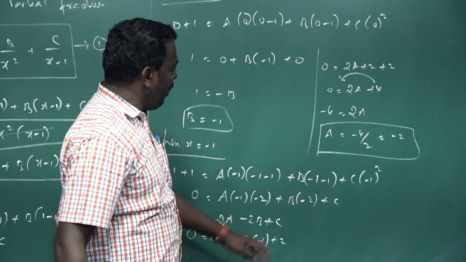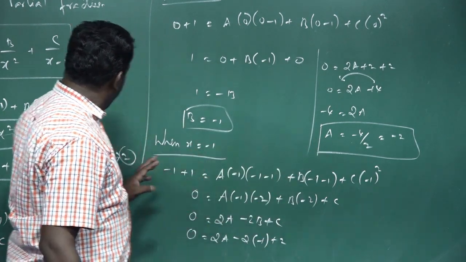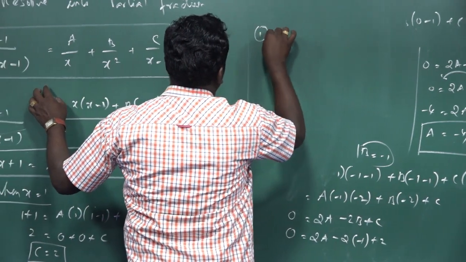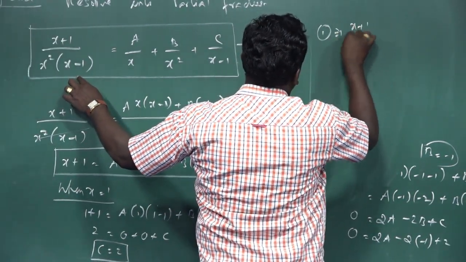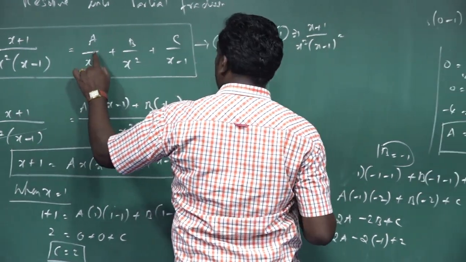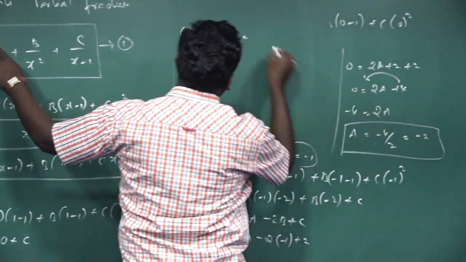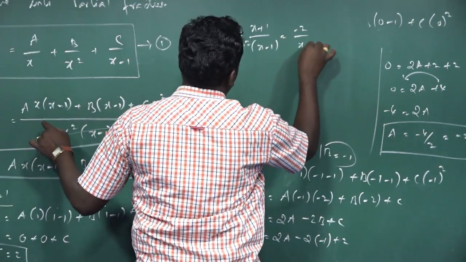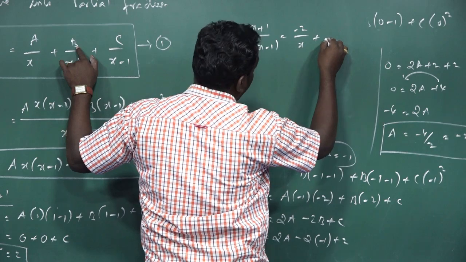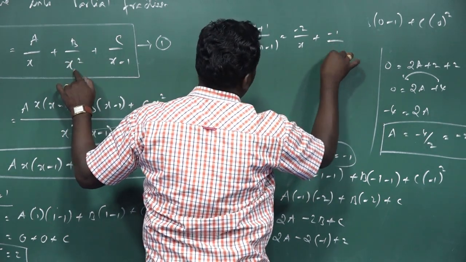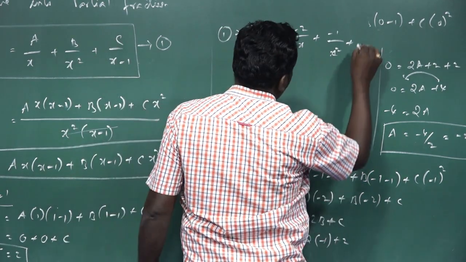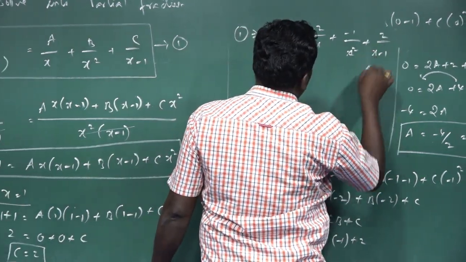Now we have to substitute the values of a, b and c in the first equation. The first equation implies (x plus 1) by x square into (x minus 1) is equal to a value minus 2 by x plus b value minus 1 by x square, then plus c value 2 by (x minus 1).